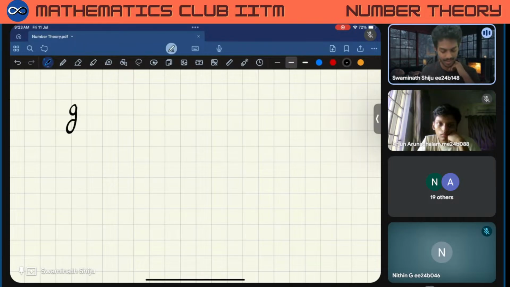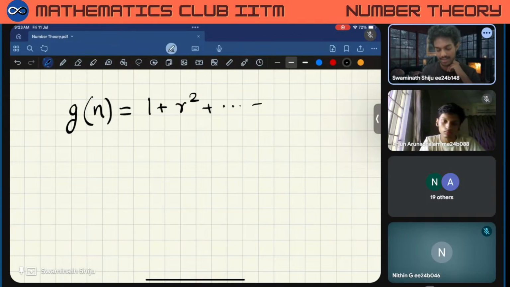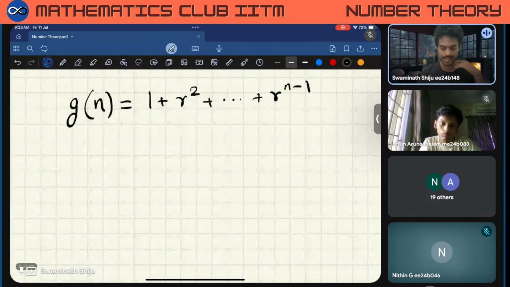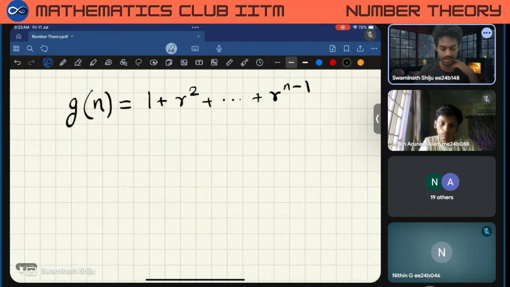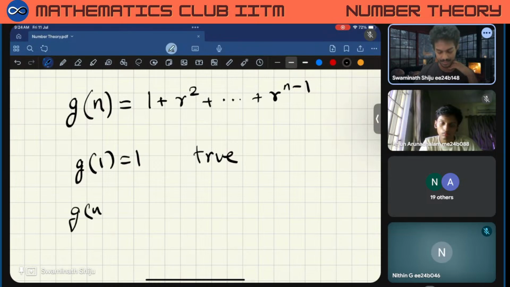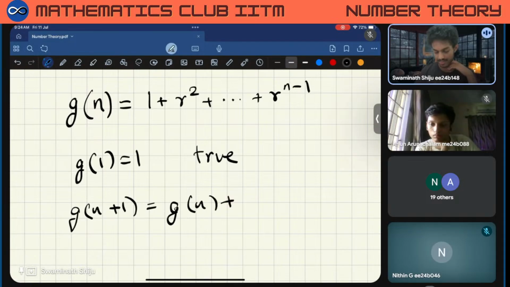It's another function, g of n, which is equal to 1 plus r plus r square up to r power n minus 1. A normal geometric series. Same thing for weak induction: g of 1 is equal to 1, true. g of n plus 1 will be equal to g of n plus r to the power n.